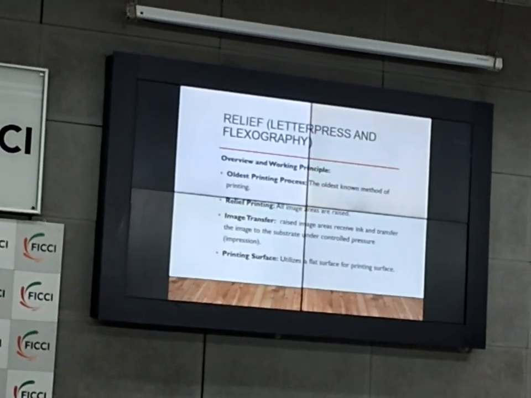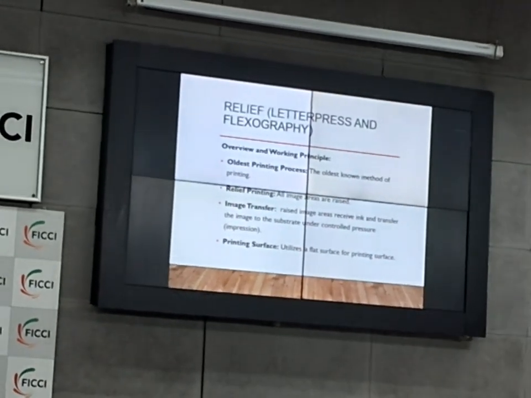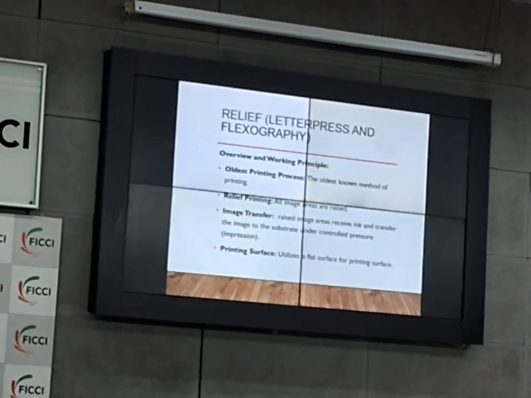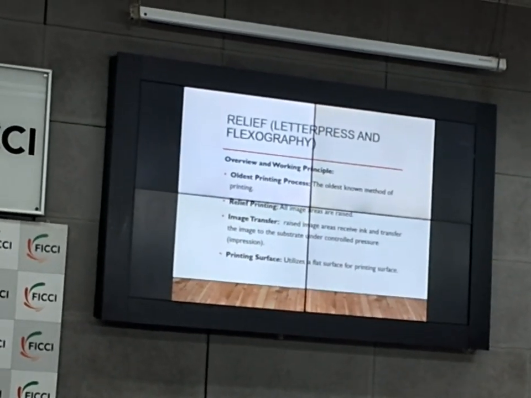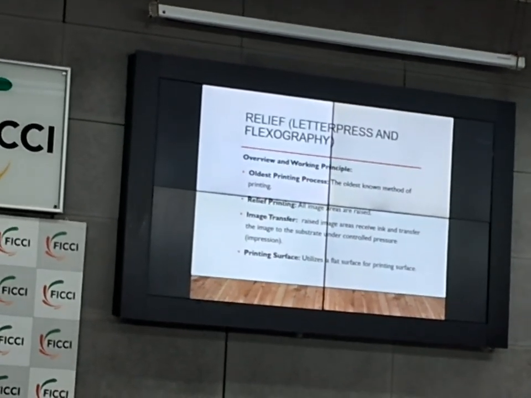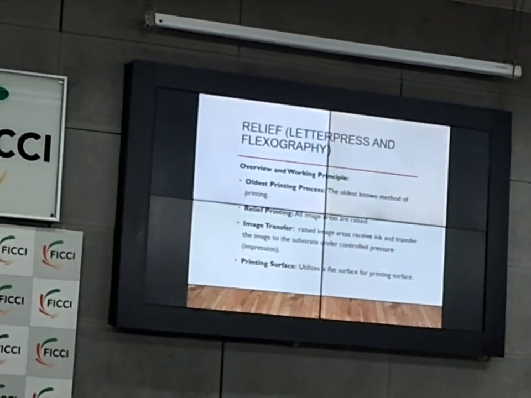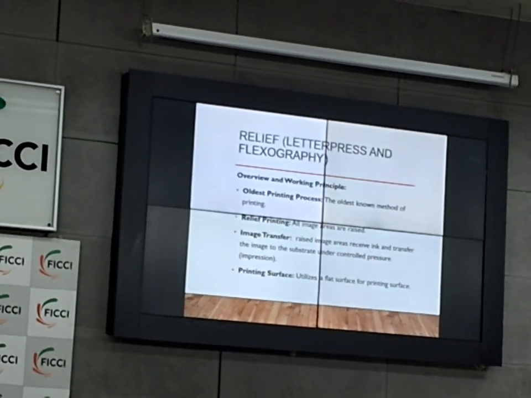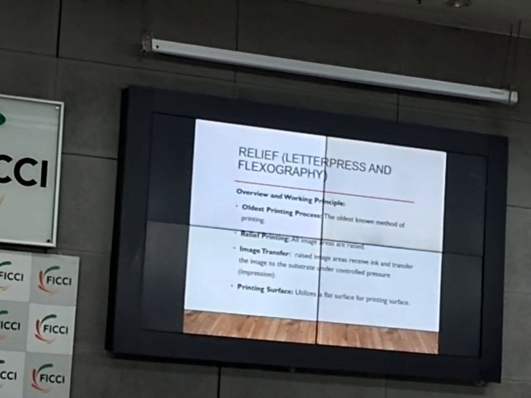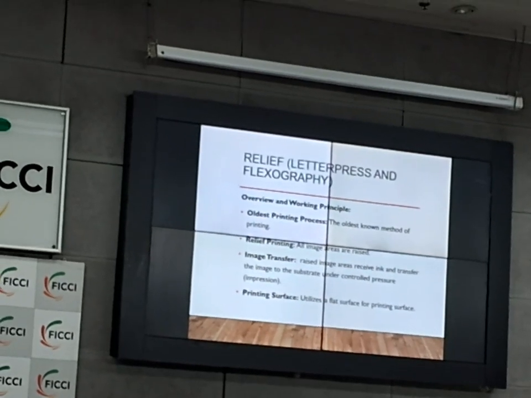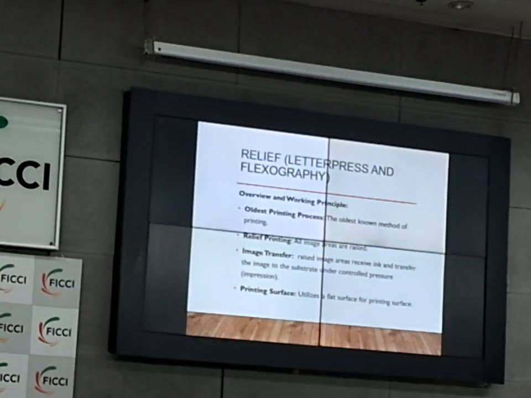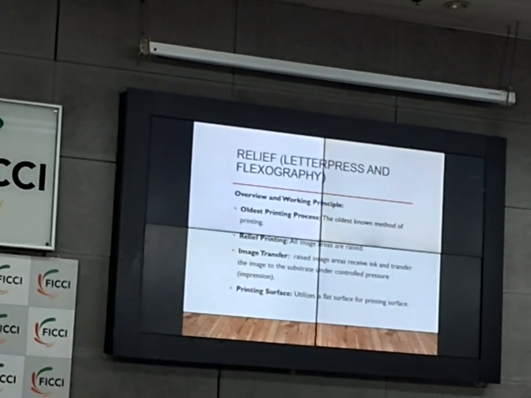But in flexography and letterpress, the image surface is raised over the non-image area. So for image transfer, first the ink roller will apply the ink on the image surface, and through some pressure, called the pressure roller, it will transfer the image onto the substrate being used for printing.